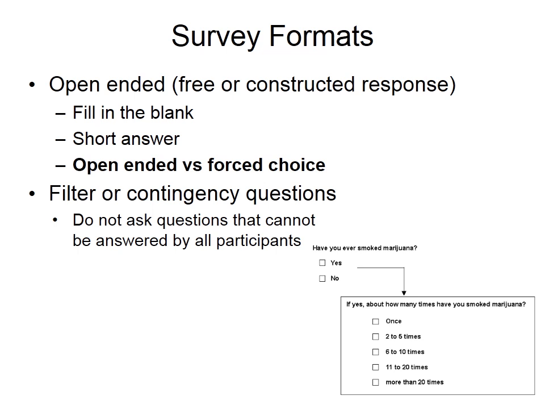You can get more information, and often you don't have to worry about coming up with an exhaustive, mutually exclusive list of options, because you're not providing the options, the respondent is. The downside is that these questions are harder to code, and you need experts to actually grade the information people are providing.